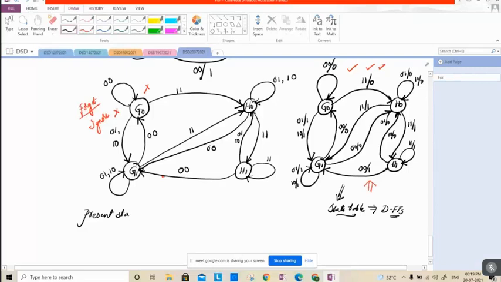Present state, next state, outputs. AB is equal to 00, 01, 10, 11. And again here AB is equal to 00, 01, 10 and 11.